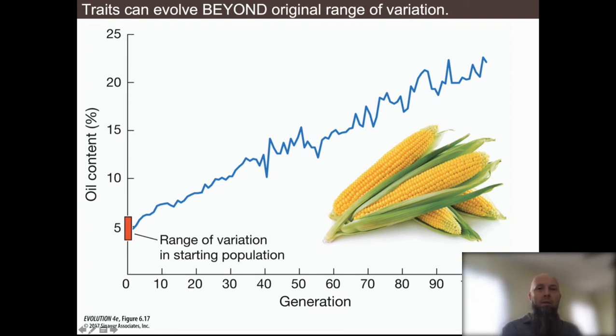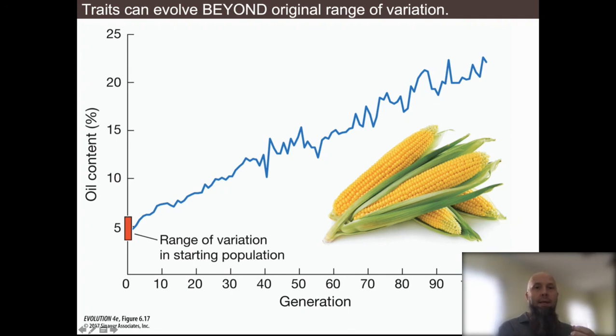But you can see over the last 100 years, selection has increased that oil content dramatically, to the point where corn today is more than 20% oil content, right? That is a far cry from the original, 100 generations ago, where it ranged from 4 to 6%, let's say.